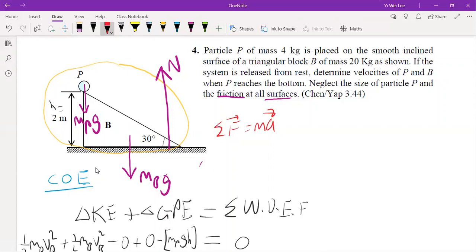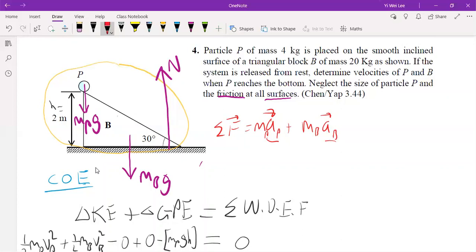In this system it works too, but it's the mass of P times the acceleration of P plus the mass of B times the acceleration of B. If you want to know whether there is any net vertical force, it means there must be a vertical acceleration component in either P or B. If in this system one of these bodies has an acceleration component in the vertical direction, it means that there must be a net external force in the vertical direction.